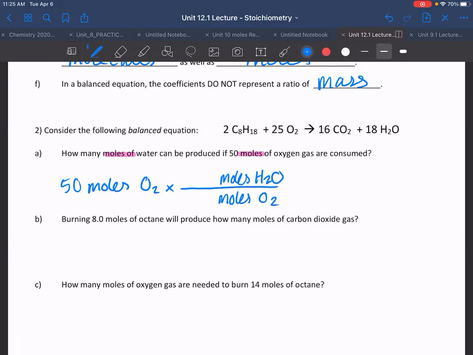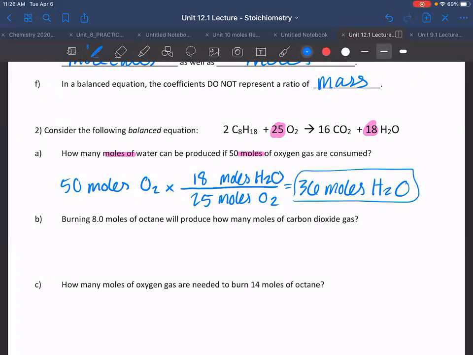And then here, if we look and find our coefficients, O2 has a coefficient of 25 and H2O has a coefficient of 18. So we have 18 moles of H2O for every 25 moles of O2. You do that calculation, you'll get that we have 36 moles water. Correct.